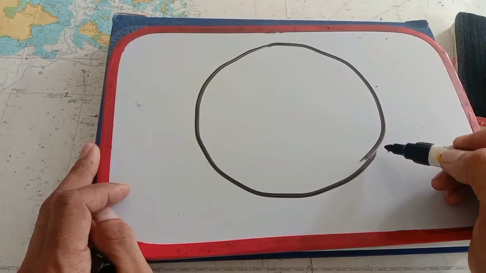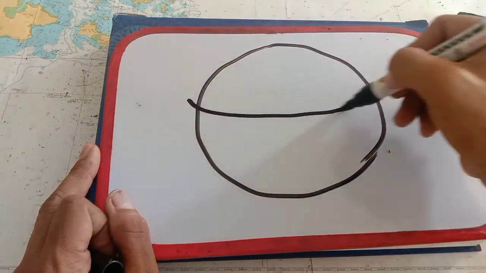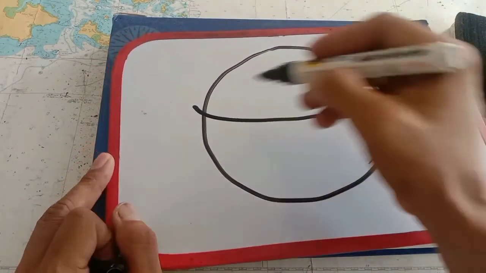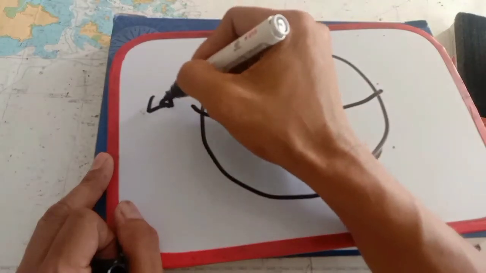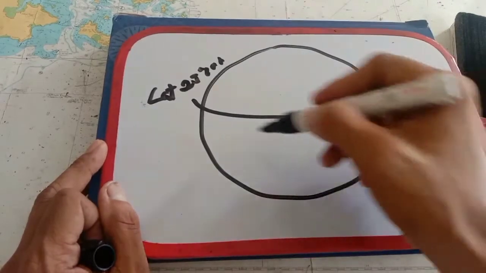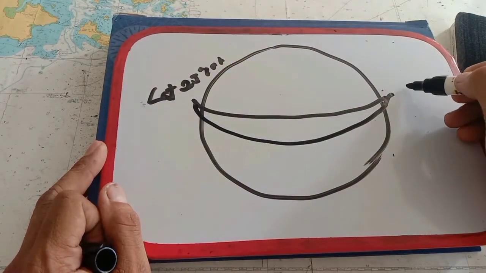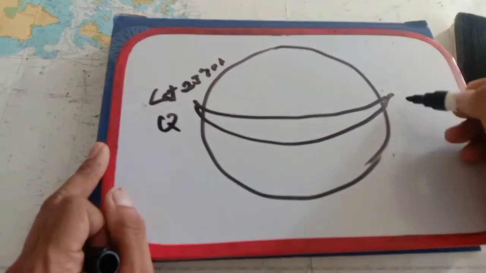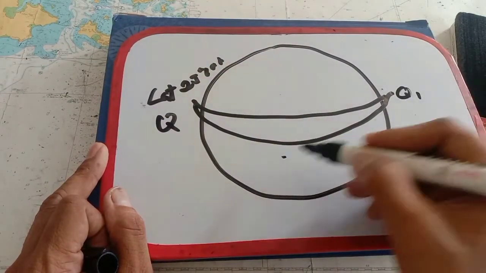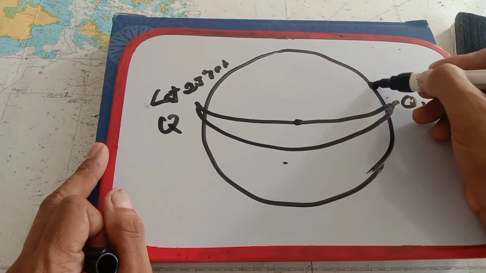The celestial horizon and the latitude of 25 degrees. And this is the celestial equator. And this is the sun.